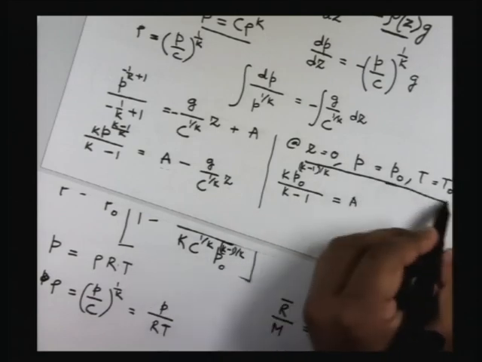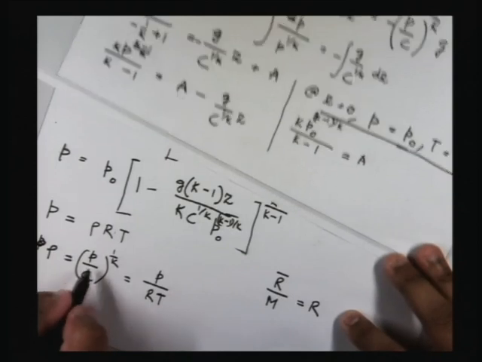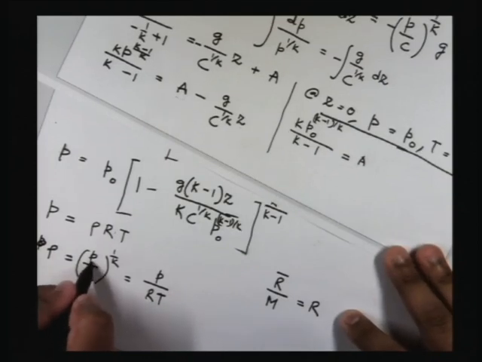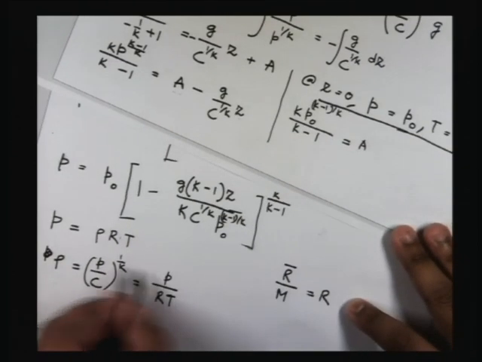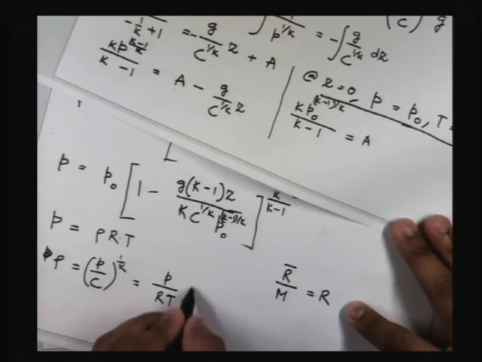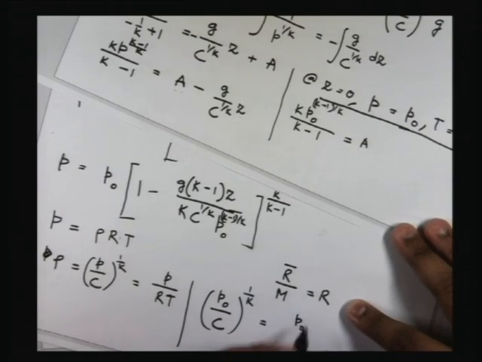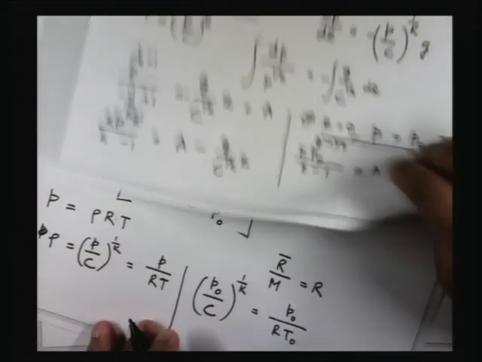At the ground, at z equal to 0, P is P naught and T is T naught. So here we replace these two P's with P naught, and this T we replace with T naught. If we do that, we find P naught by C to the power 1 by k is equal to P naught by R T naught.